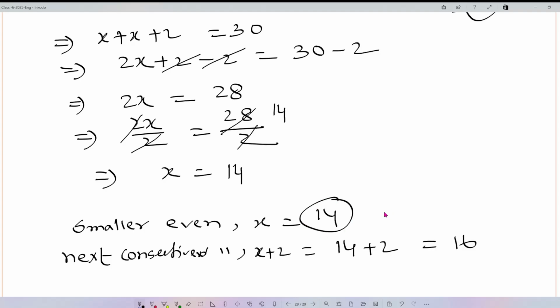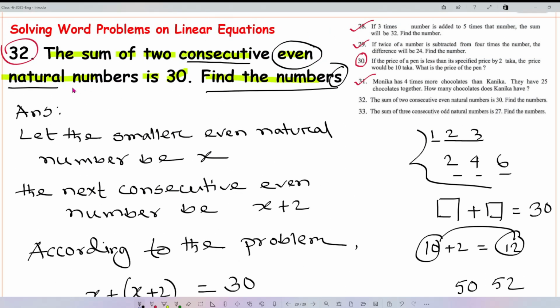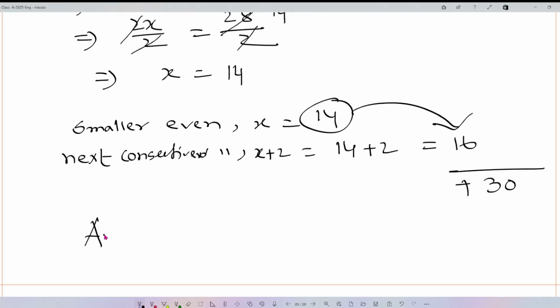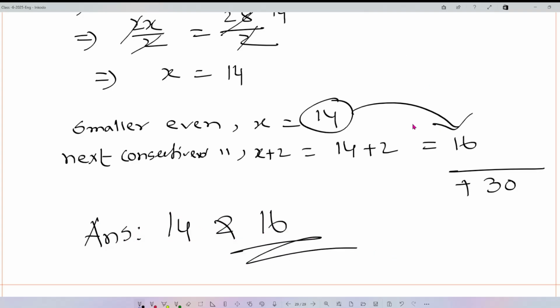So 14 and the next consecutive number is 16. Once we add them, 14 plus 16 is 30. Now look, these natural numbers, when we sum them, become 30. So our answer is 14 and 16. Okay, I hope this is clear.